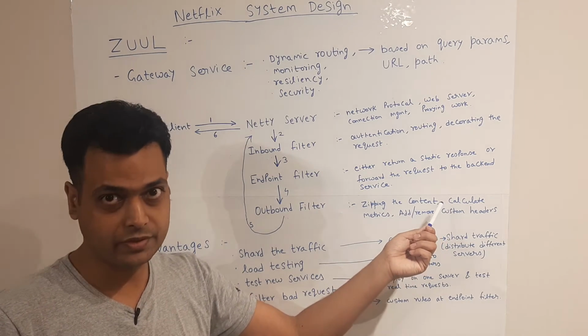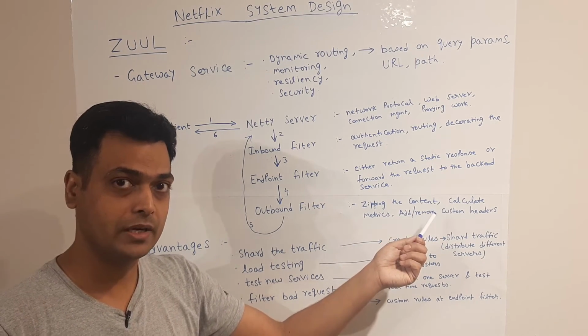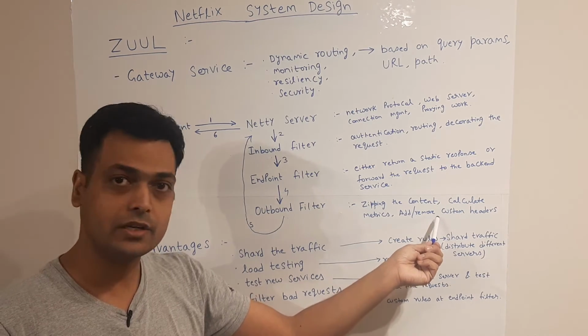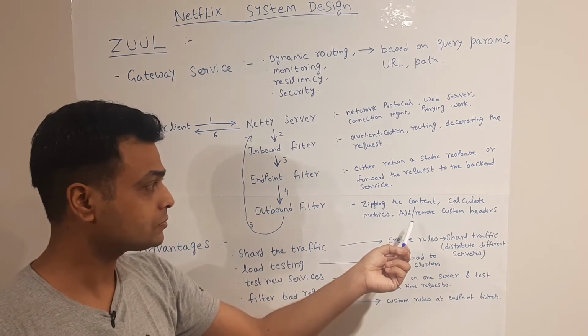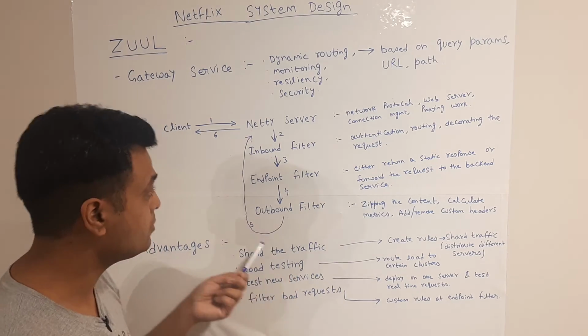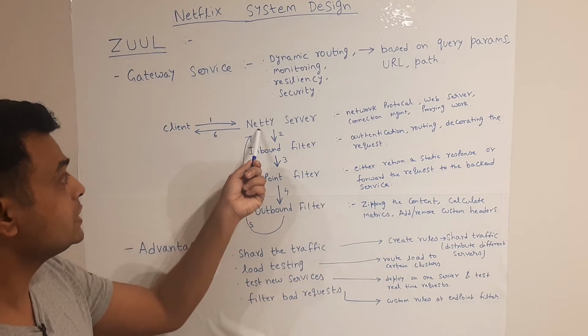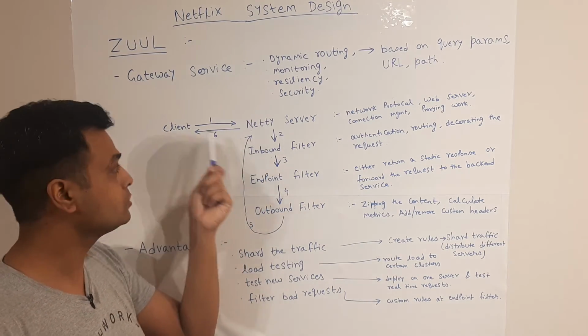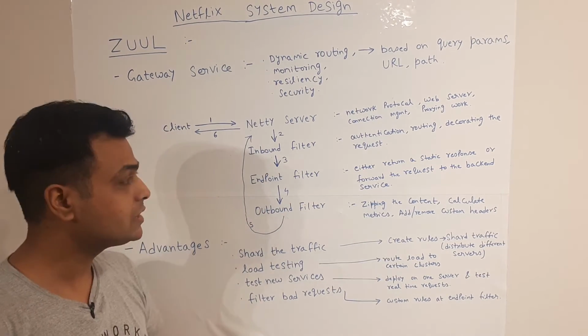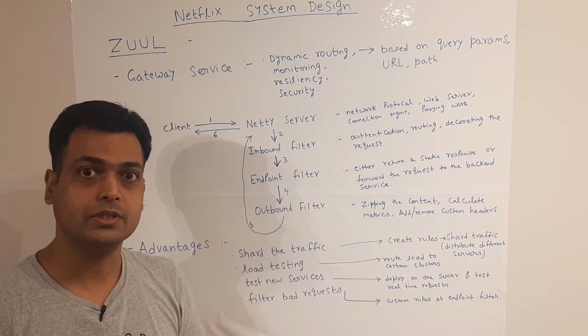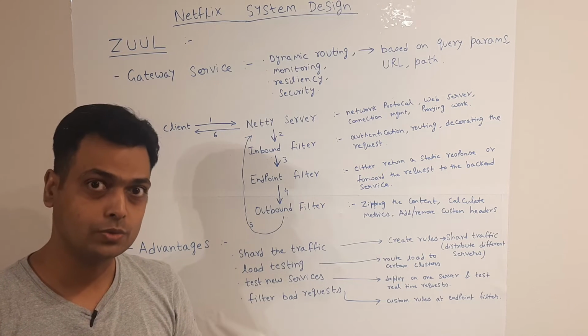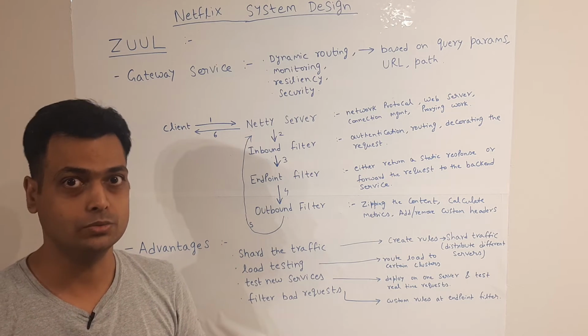If some custom headers are to be appended to the request, they are added or removed, and then that response is sent back to the Netty server. The Netty server will then forward that response back to the client. So these are the various phases through which our request goes, and this happens within Zuul.